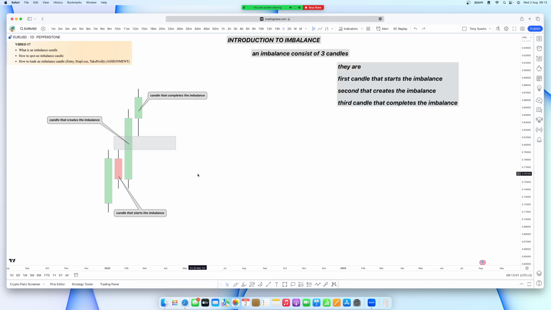We've actually done a back test with the team, and we went as far as 1960, 1970, and we were seeing how these imbalances were playing out. That shows you that even way before people knew about it, it was already there, because the market needs to be balanced. So if the market creates this imbalance, it's going to come back into that area to give us a candle and then play off it.